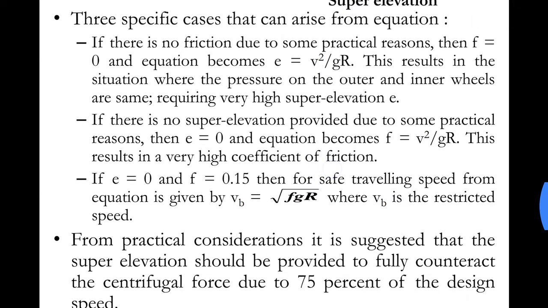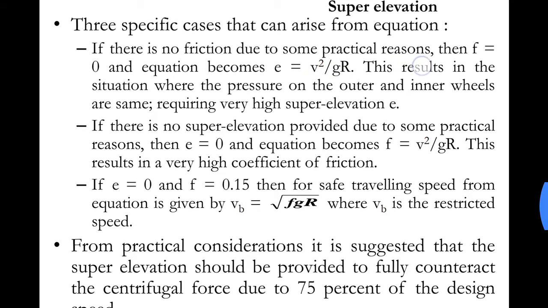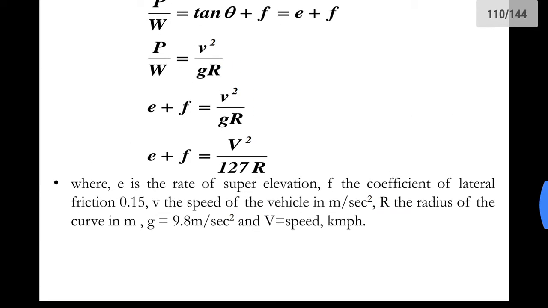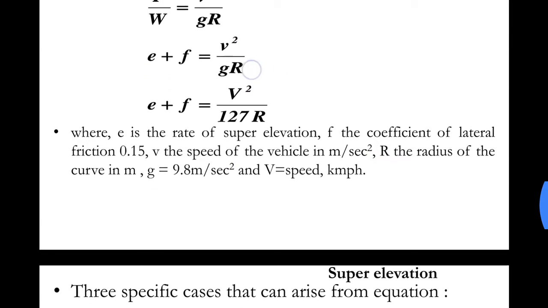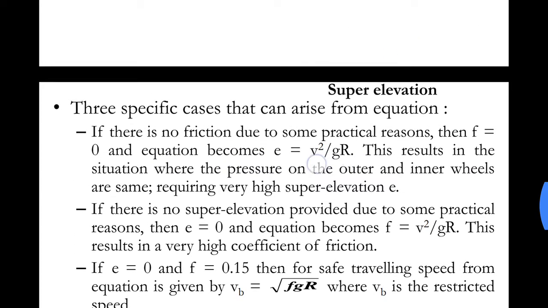Now, three specific cases can arise from that equation. If there is no friction due to some practical reasons, then F is equal to 0. In this formula, if there is no friction, then F would be equal to 0. Then E is V square by GR, and the equation becomes E is equal to V square by GR.